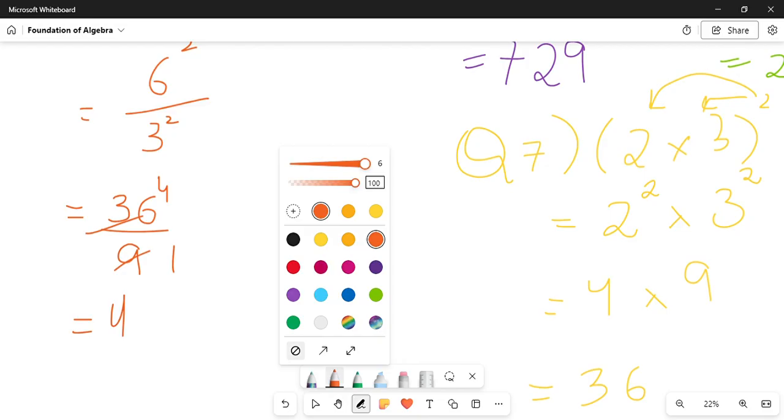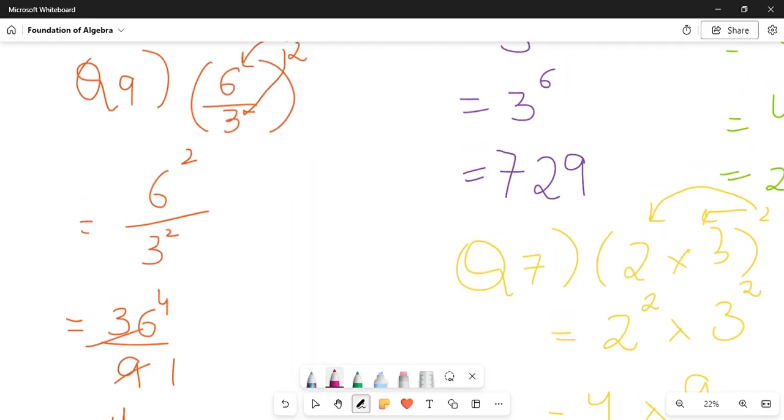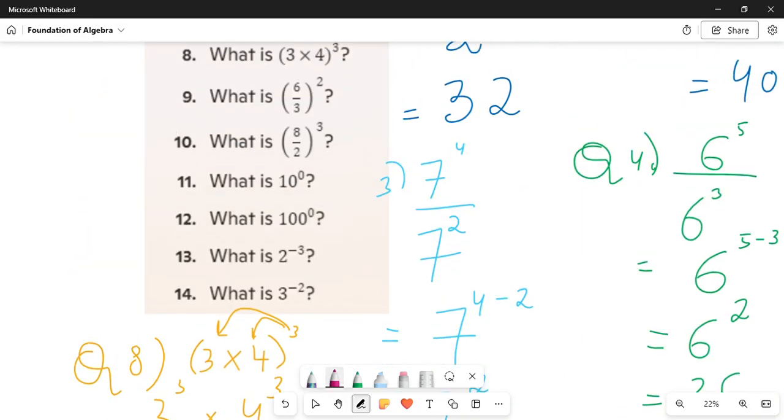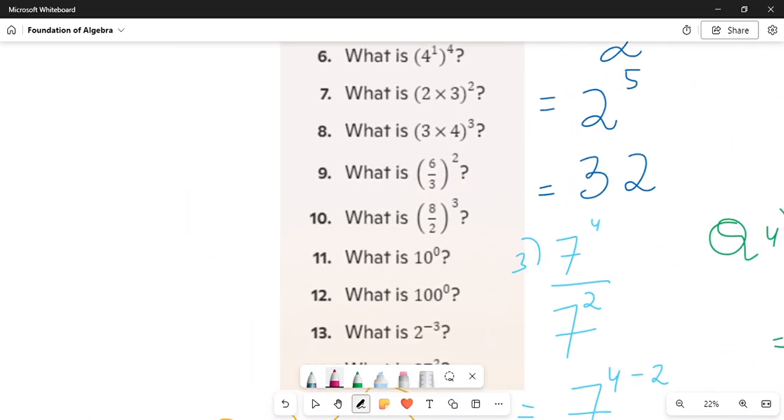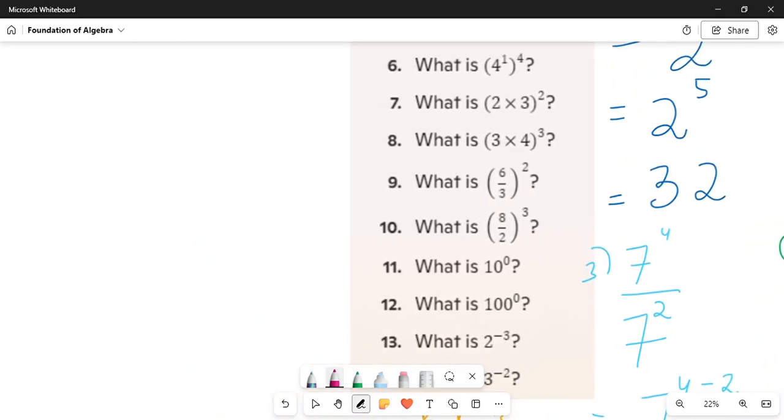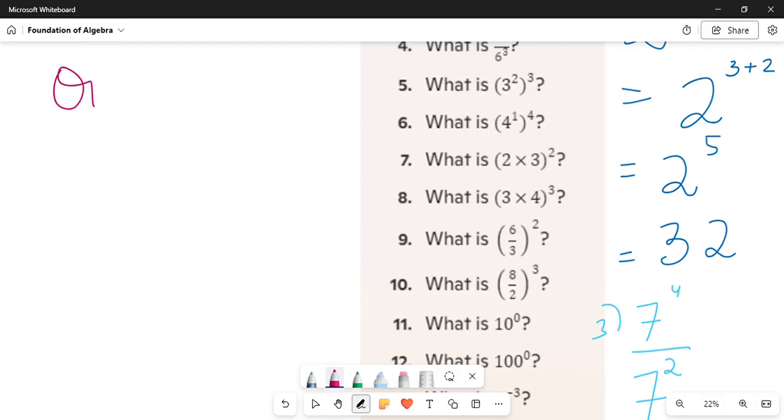Next question. Question number 10. Let's do it on this side. Question number 10, which is 8 over 2, to the power of 3.